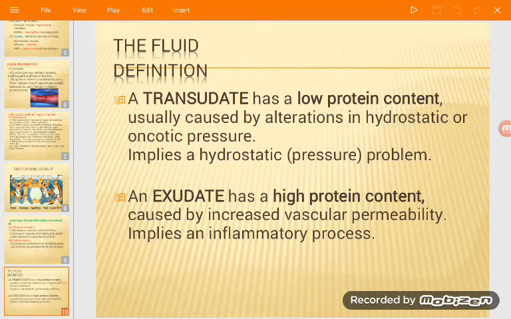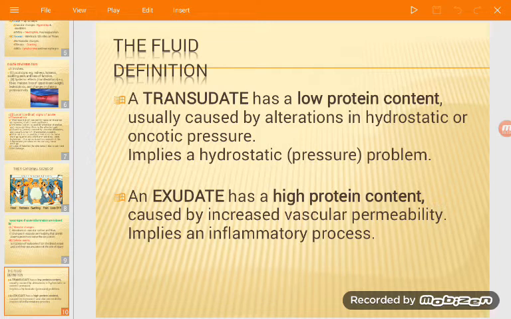There are some definitions. Transudate indicates that the fluid accumulating outside blood vessels has low protein content and is mainly due to increased hydrostatic pressure, like heart failure and many other causes.